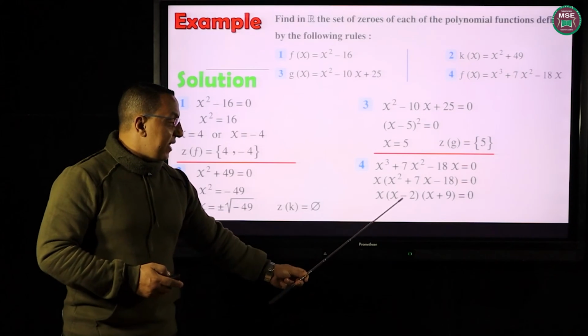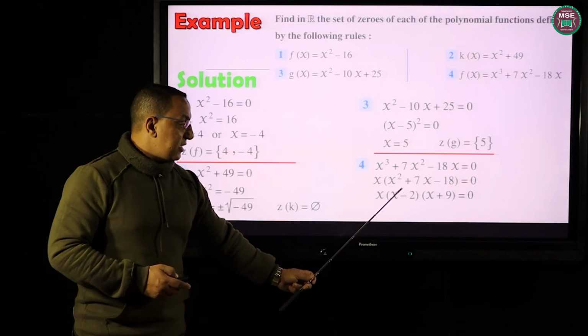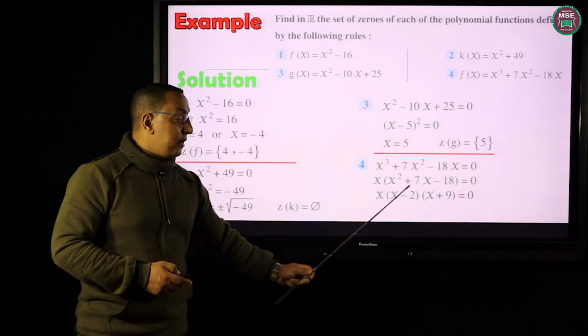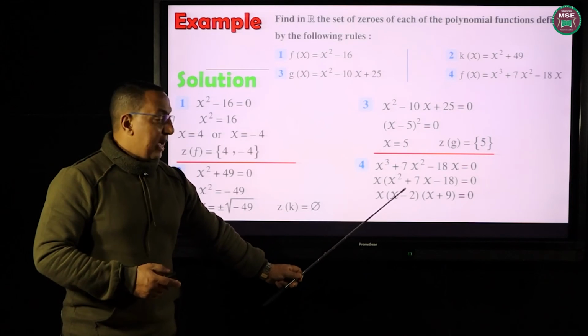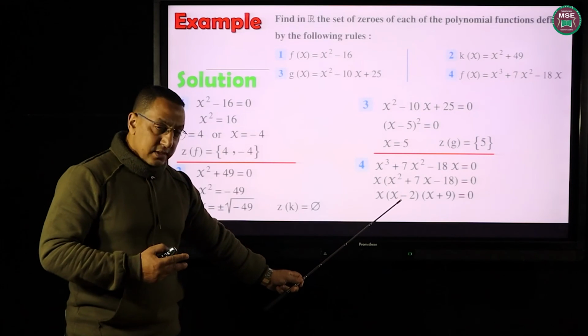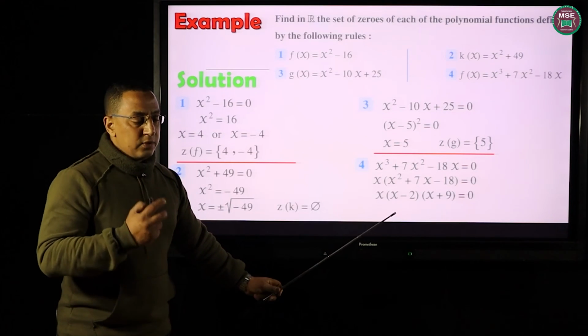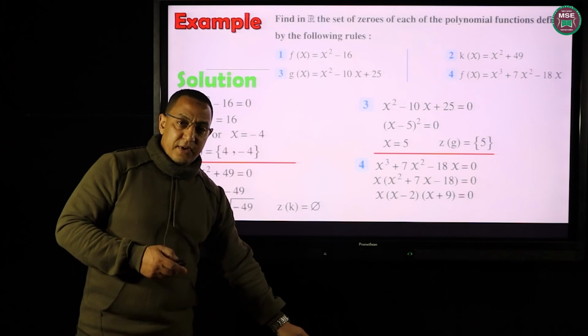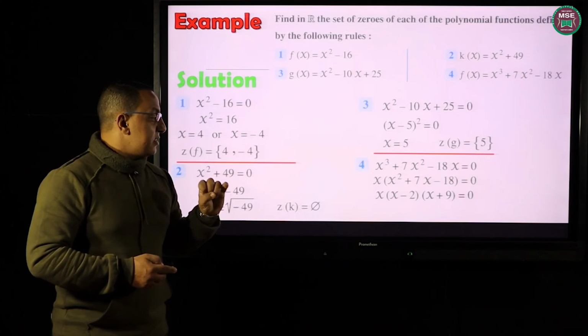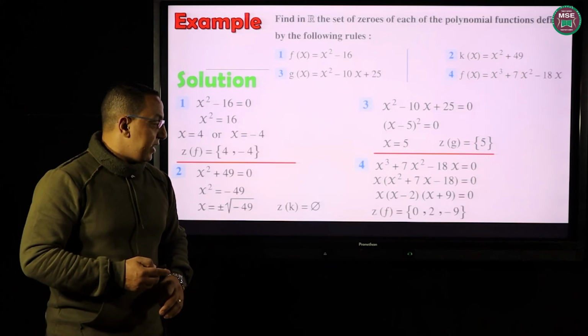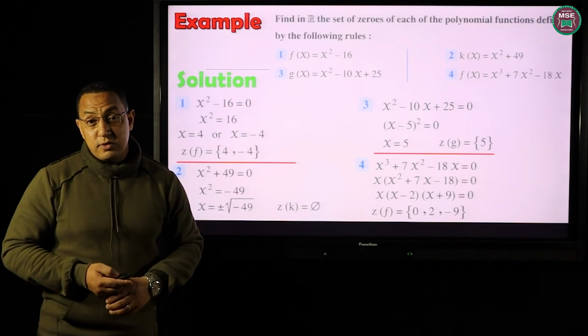Now I have 3 values for x: 0, positive 2, and negative 9. I switch the sign of the bracket to take the zero of the bracket. So I have 3 values, 0, positive 2, and negative 9, and these are the zeros of the function.